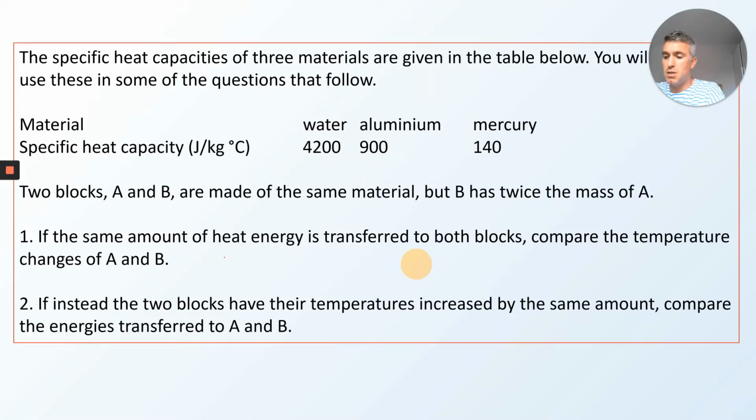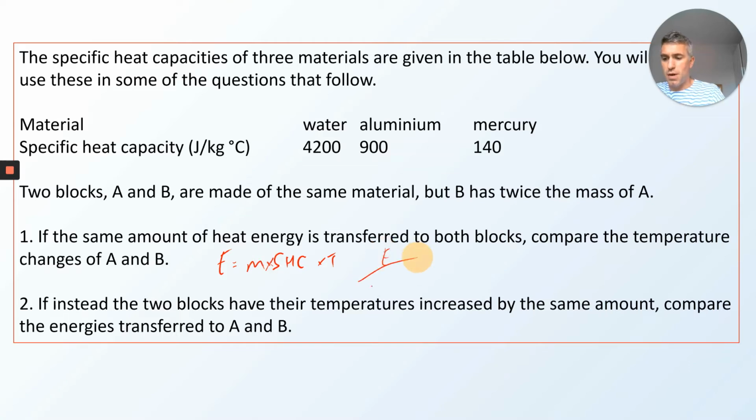So E is equal to m SHC times T. Okay, so it says same material, so SHC, specific heat capacity, is the same. Energy is the same, but you've got twice the mass. So let's rearrange this for temperature change.